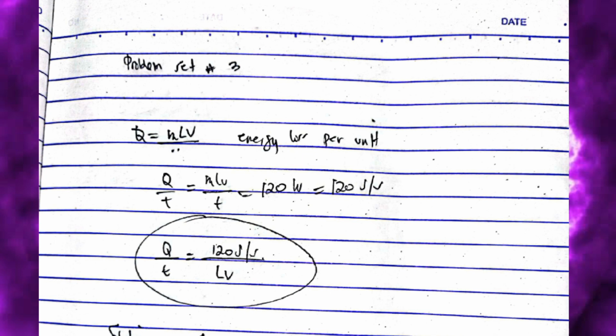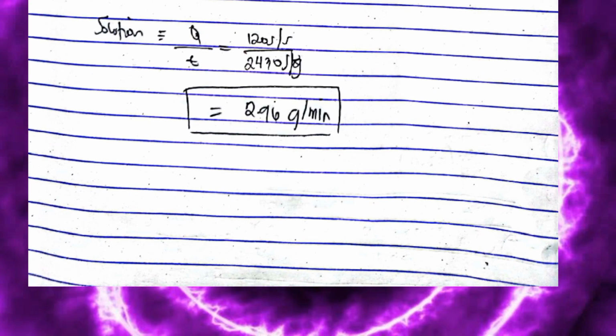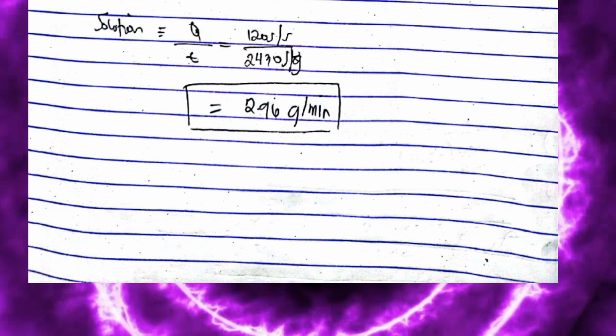We see in table 1.4 that the latent heat of evaporation is about 2,430 joules per gram. So we put it in the equation and solve, and we get 296 grams per minute.